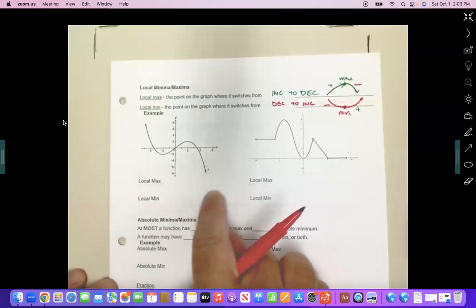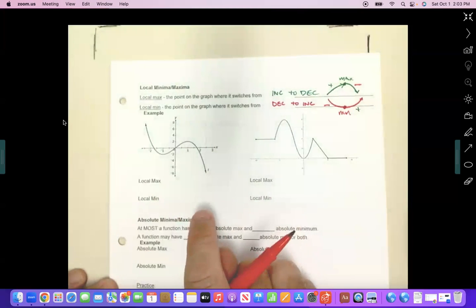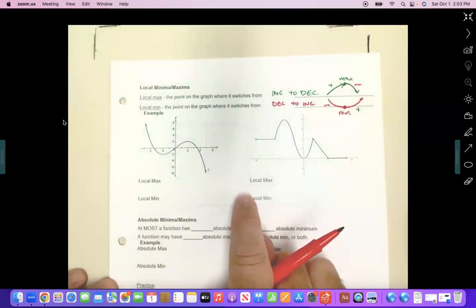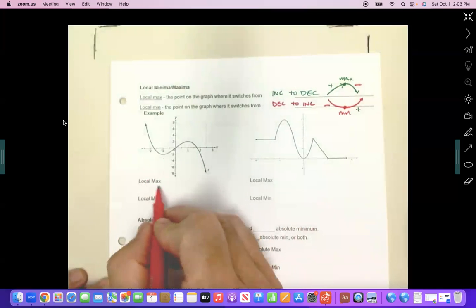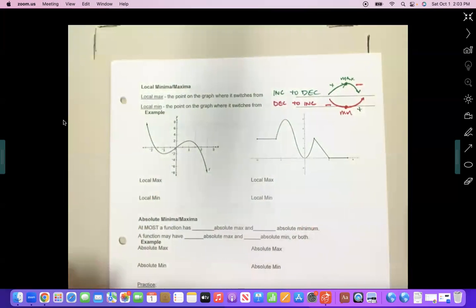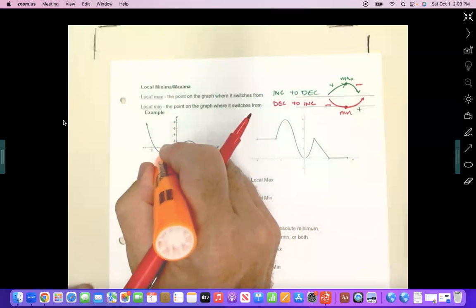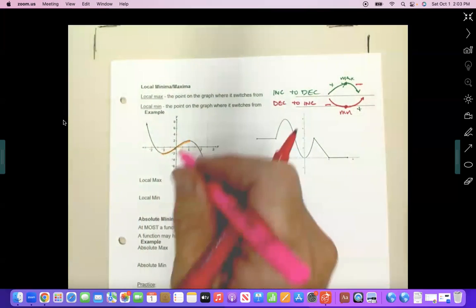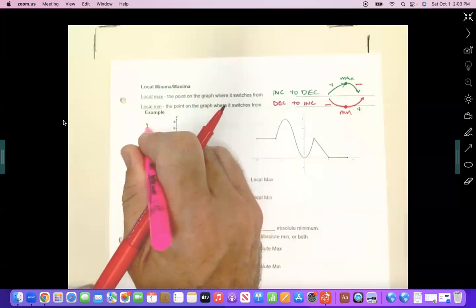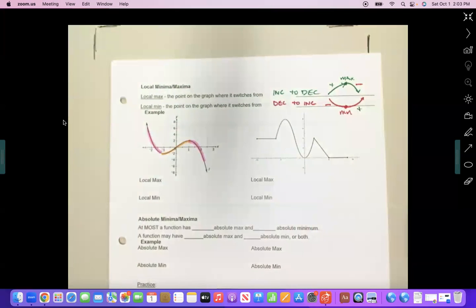And I want to confirm what those are, and also make sure that I'm answering whatever question that they have. So in this case, we know that our maximum on this graph occurred when we went from increasing to decreasing here at +1. That was our maximum.